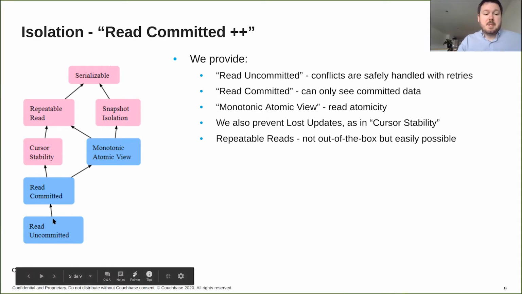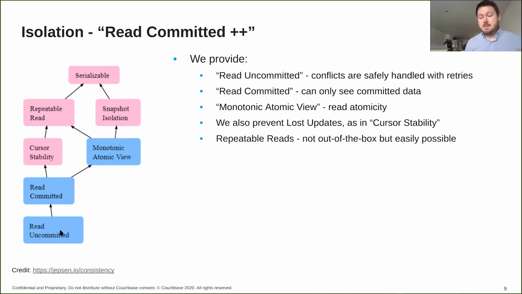So starting at the bottom of the stack, you have read uncommitted. This means that if two transactions are trying to write the same document, that will be detected and handled. The way we handle that is that our API allows us to retry transactions. I'll come to that later on. So if two transactions are trying to write to the same document, the blocked transaction will wait a little bit for the other transaction to complete.